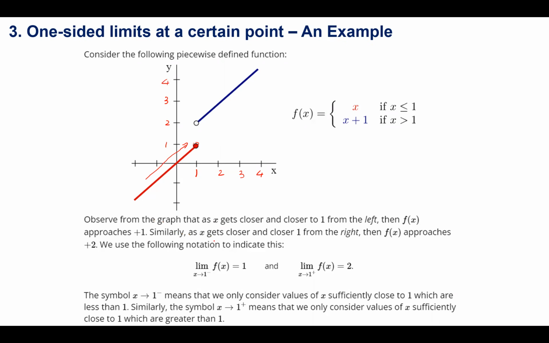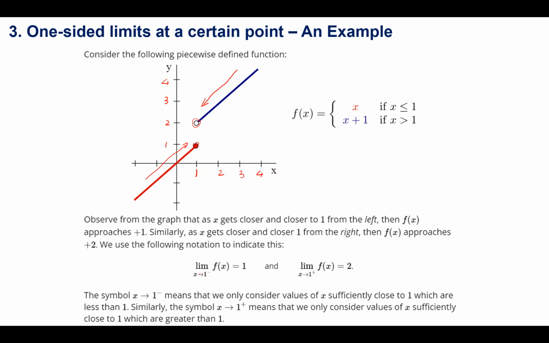Similarly, when x gets closer and closer to 1 from the right side, that means from this side, then f(x) approaches positive 2, which is here, right? We use the following notation to indicate this.